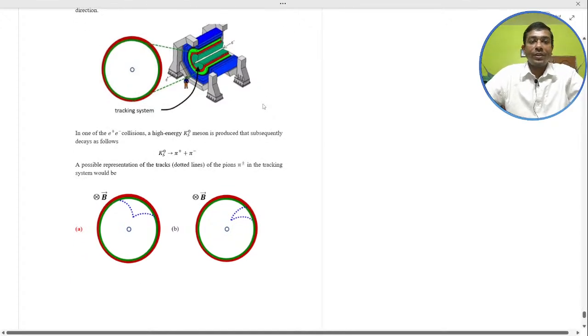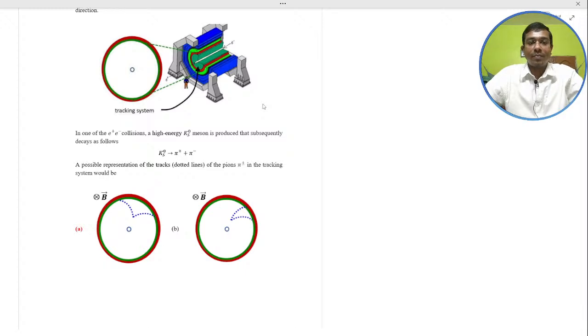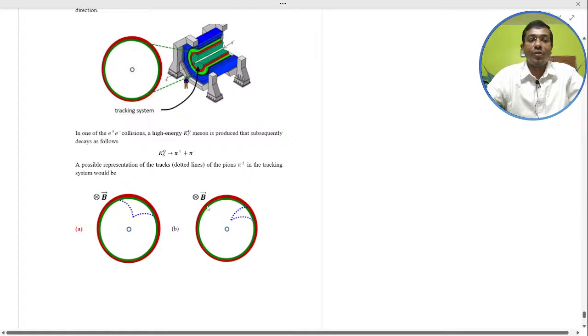If in one of the e+ e− collisions, meaning positron-electron collision, a high energy K-naught meson is produced that subsequently decays as follows: K⁰ goes to π⁺ π⁻. A possible representation of the tracks, the dotted lines, of the pions π± in the tracking system will be which figure?